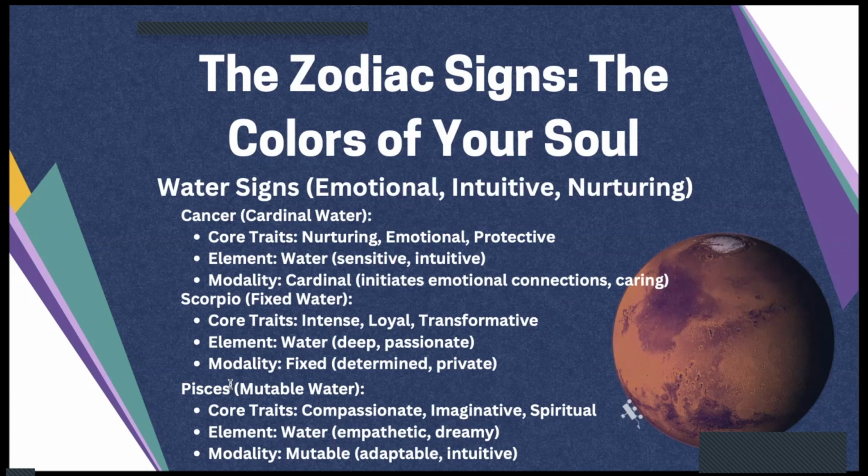But they will be loyal to you once they're in your lives and once you're in their lives, and they will transform you in more ways than one because the Scorpio themselves have been through transformations in the same way that Cancer knows emotional deaths. Cancer knows emotional intelligence because they are emotional and protective.